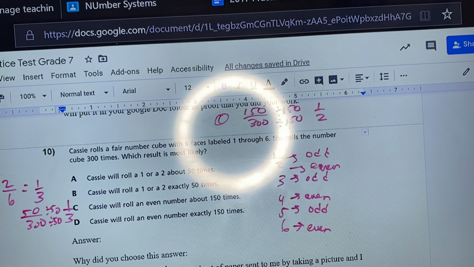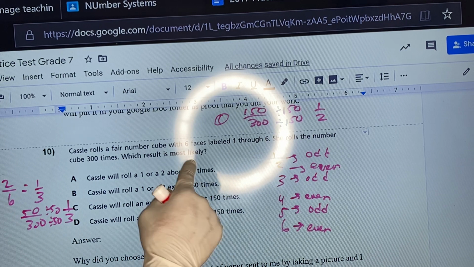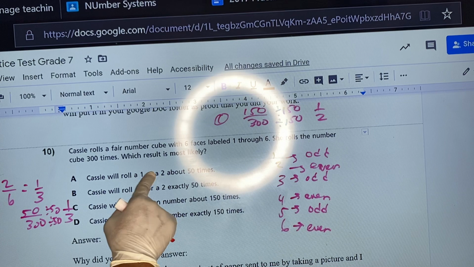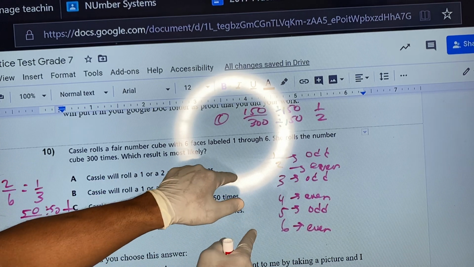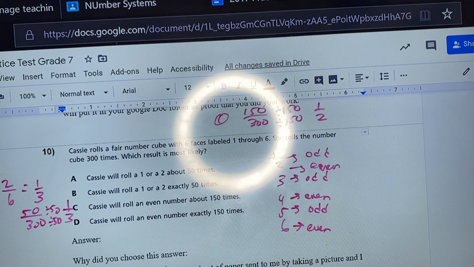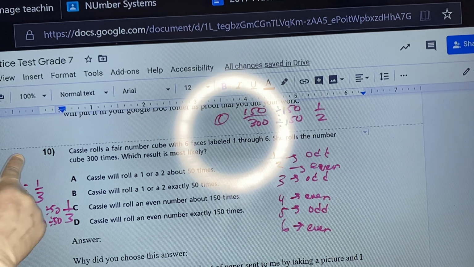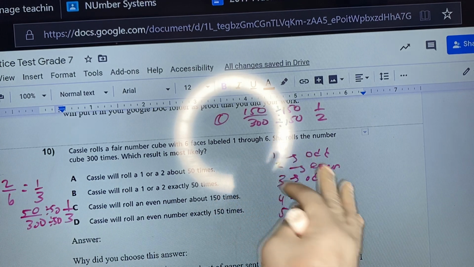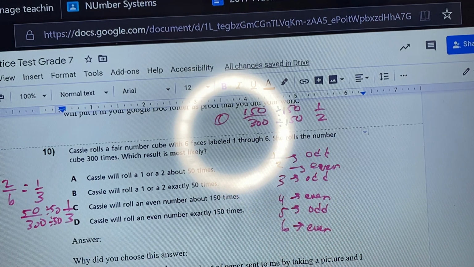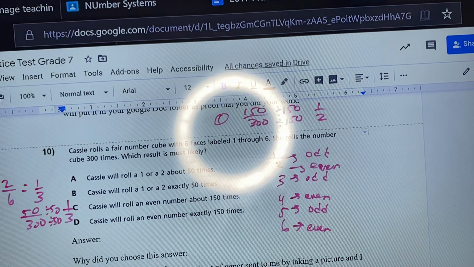About 150 times, that could be probable because the difference between this and this is 2 numbers and this is 3 numbers. So I believe Cassie has a greater chance of rolling 1, 3, or 5 about 150 times than 1 or 2 about 50 times, because the more numbers you have, the more probable it would happen. The probability would be higher that it would happen.